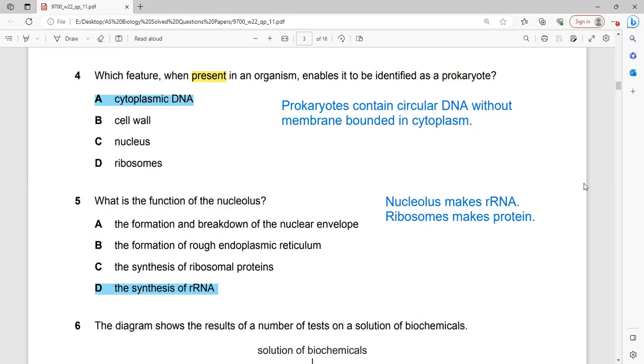If naked DNA is present in the cytoplasm, this is a characteristic of a prokaryotic cell. So A is our correct option. The cell wall is present in both prokaryotic and eukaryotic cells, and the nucleus is not present in prokaryotic cells, so we cannot use it for classification. The ribosome is present in both, so we cannot use the ribosome here. That's why A is our correct option.